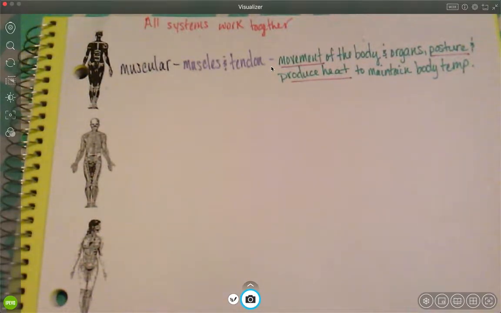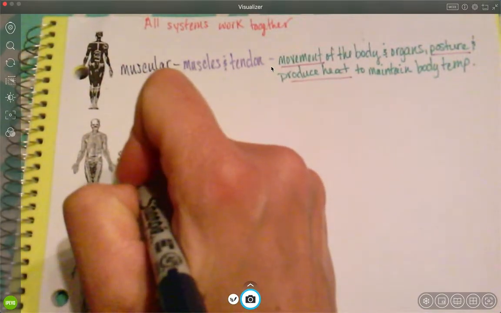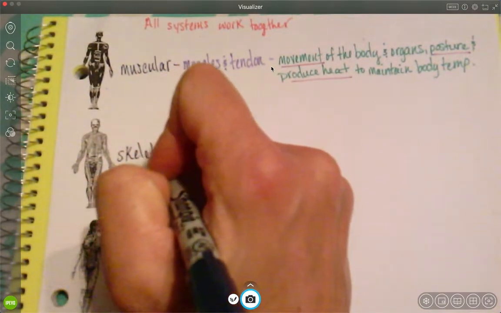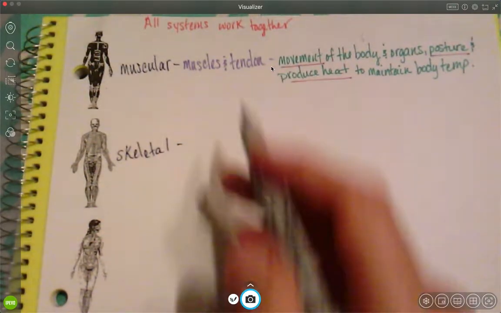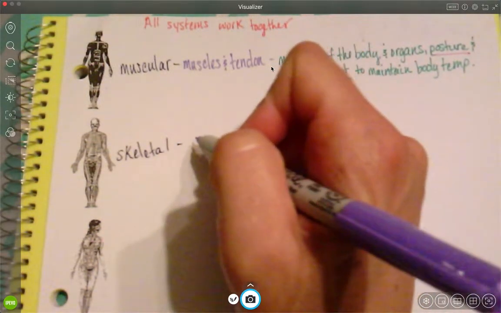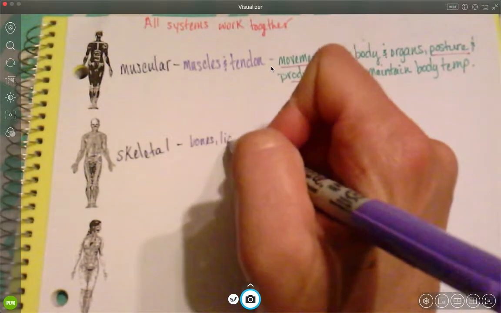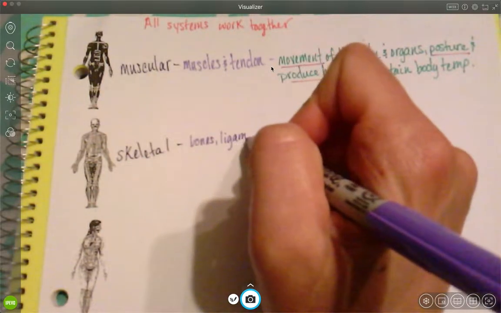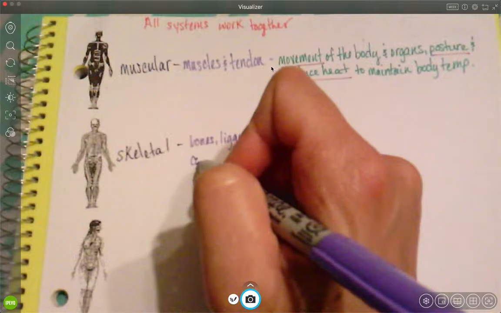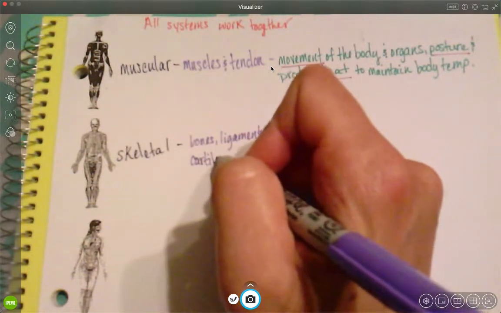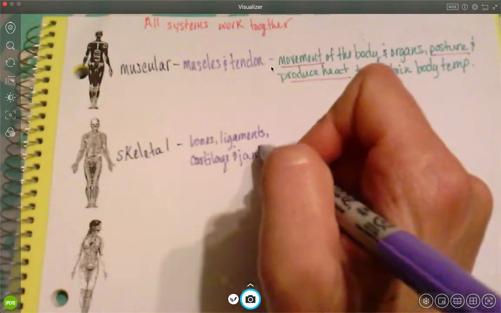The next system we're looking at is the skeletal system. So with the skeletal system, we've got some main parts. We've got the bones, ligaments, we've got the cartilage, and we've got the joints.